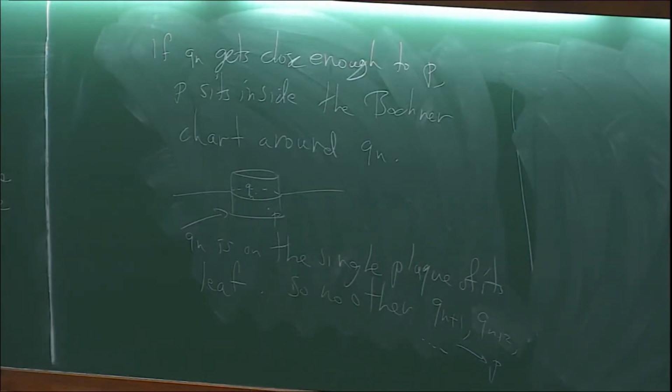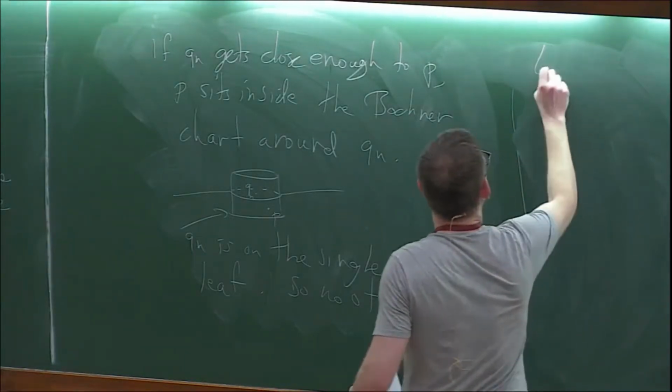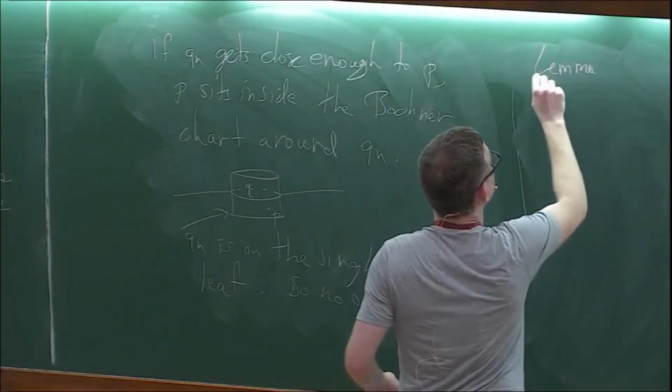Either all the leaves are closed or all the points are mad. Okay, so they're really very close to their own leaf. So now what we want to do is show, the next lemma, that the leaves are closed.